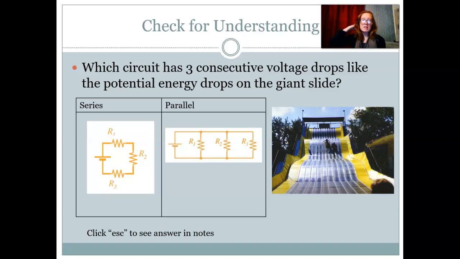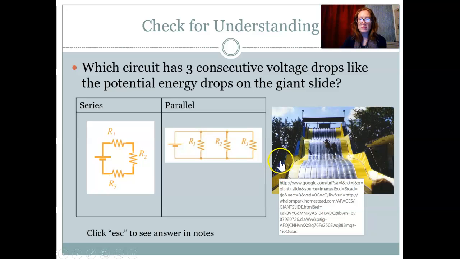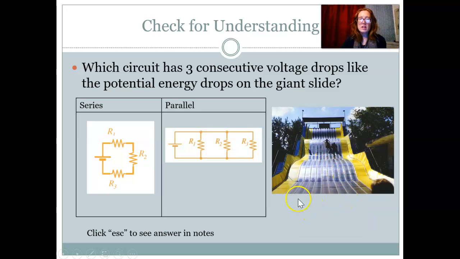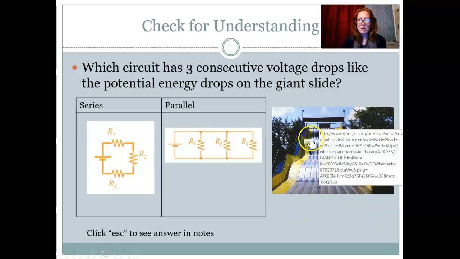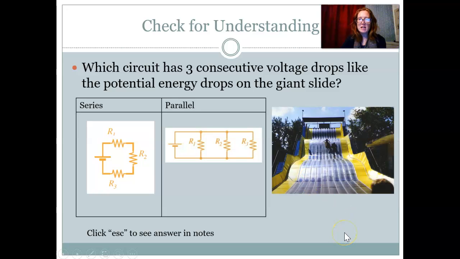So think about this, and then you can go online and check the answer. If you're thinking of the stairs as the battery, okay, so you have to go up in potential energy, and then you're going to slide down, then there's a drop every time the people go down the little parts of the giant slide.